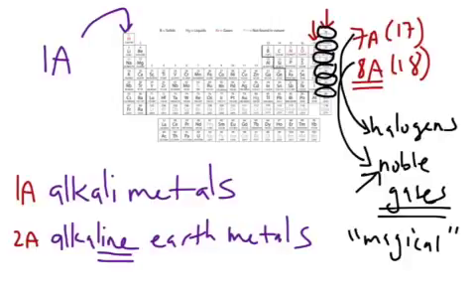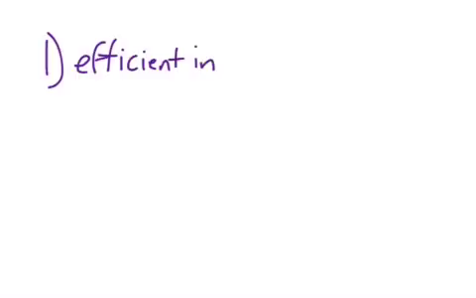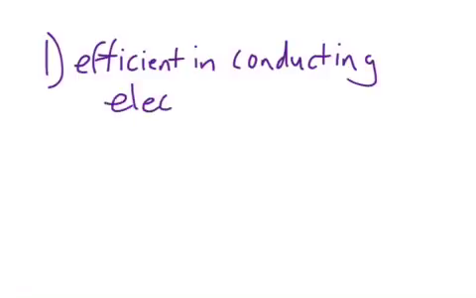Now let's get to some properties of metals. There are 3 main properties of metals that I want you to know. The first one is they are very efficient in conducting electricity.